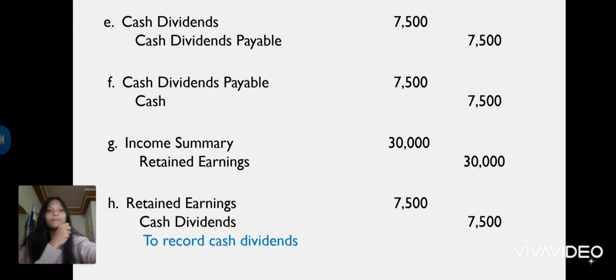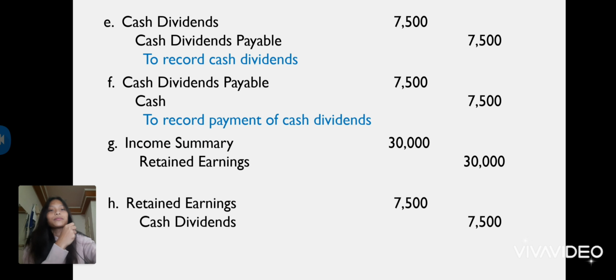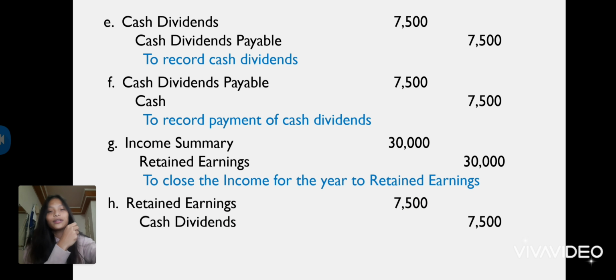Letter E, the record cash dividends. This is the declaration of cash dividends. Next, the record payment of cash dividends. Since it is common, we can see from the transaction that the cash dividends payable was already paid. For letter G, to close the income for the year to retained earnings.